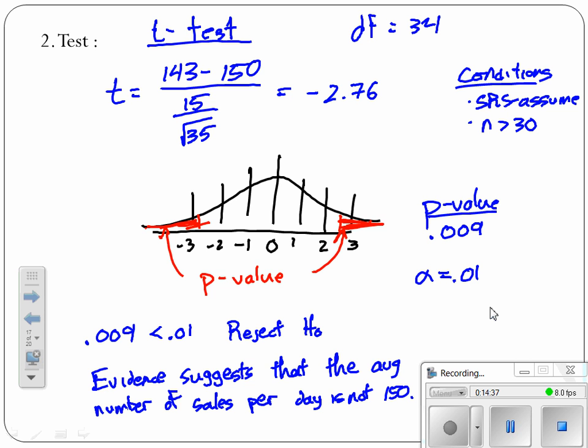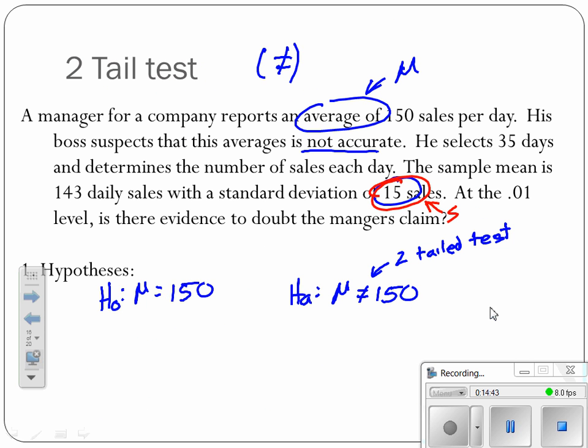It's important to realize, even though 143 is less than 150, because our hypothesis was originally not equal to, right, we just rejected this. So this is what we think is true. This is what we have to accept. So we can't go out on a limb and say, well, 143 is less than 150, so that's the new answer. No, this is it. That's all we can do with it.